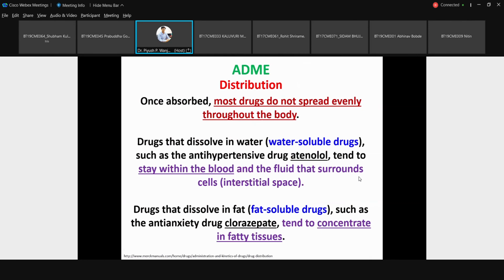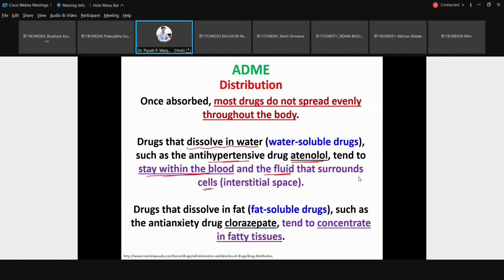Here also, different pharmaceutical drug molecules interact differently. For example, there are many water-soluble drugs. For hypertension, they prescribe a compound called atenolol, which stays within the blood and the fluid that surrounds the cell.